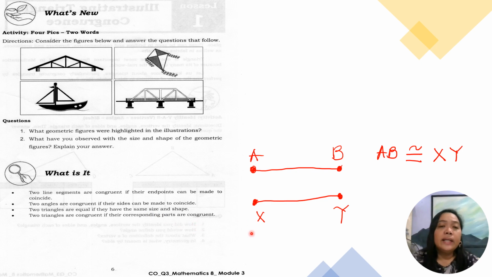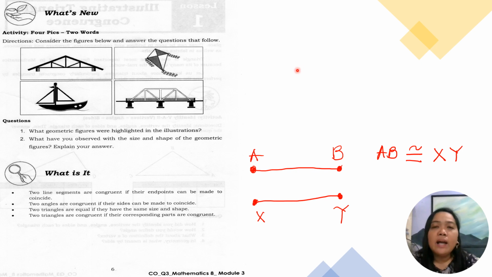If two sides form together, creating an angle, and if the sides coincide, then the two angles are congruent.